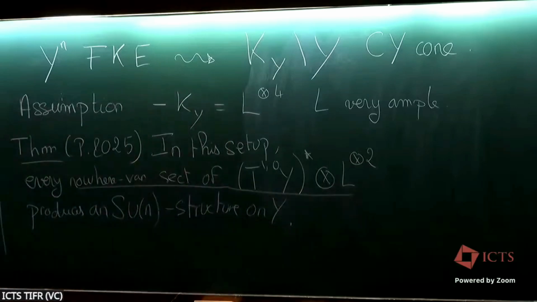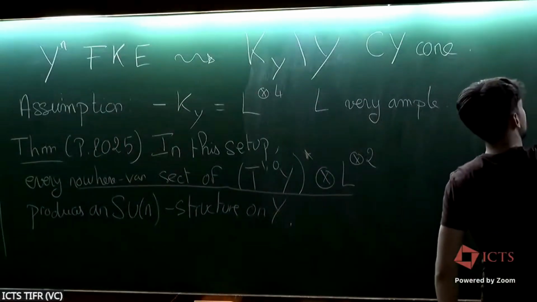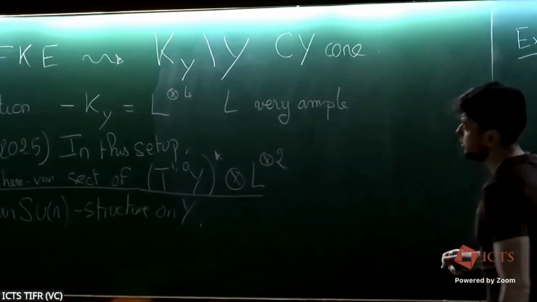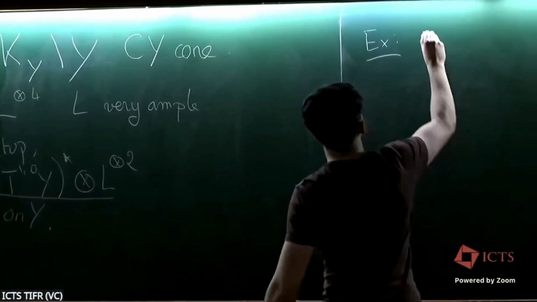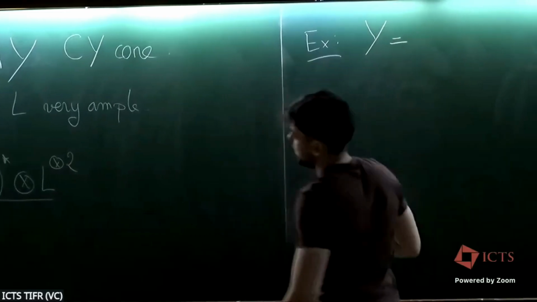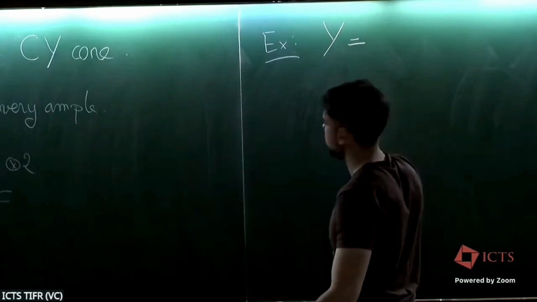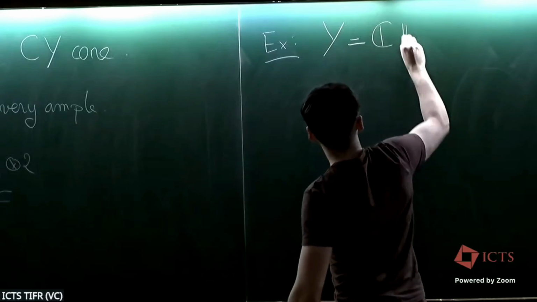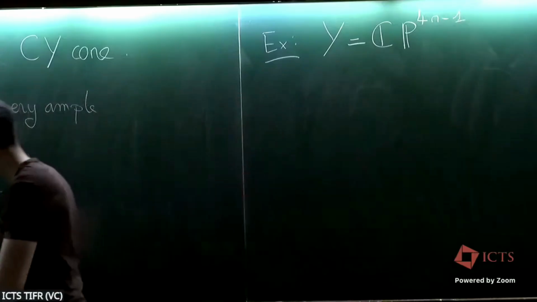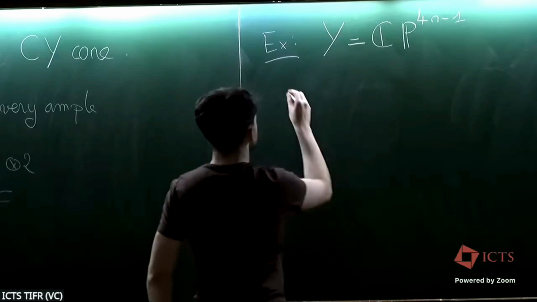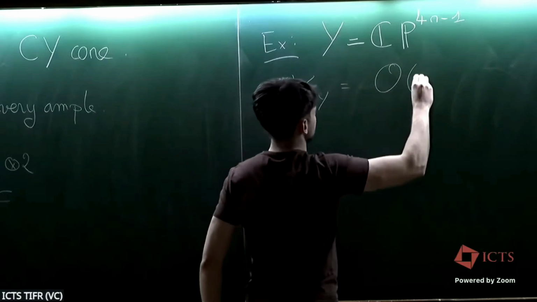Okay, and so now I'd like to give an example of that. A natural example to consider is the case of Y being a complex projective space. And for this assumption to work, I'm going to have to take some weird power of the complex projective space. Namely, I take CP^(4n-1). Then we all know that the anti-canonical bundle can be written as follows.